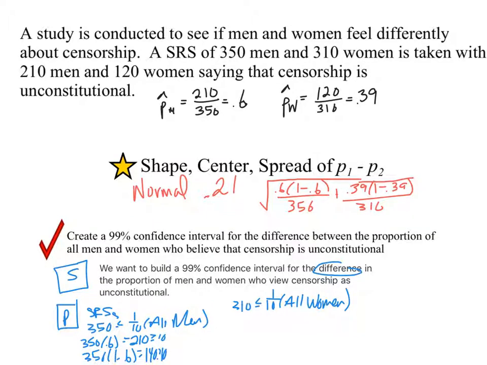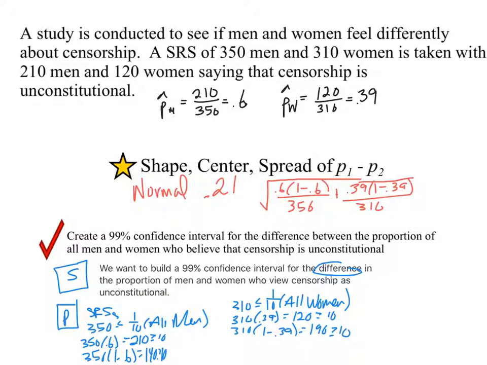Over here, we'll do 310 times, now I had rounded that 0.39, but I'm going to write down that it was 120. And then we do 310 times 1 minus 0.39, which, again, due to rounding, it's not going to come out to be exactly 190, but if I hadn't rounded, it would. Okay, there we have it.